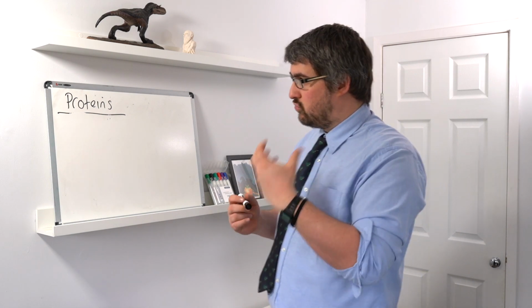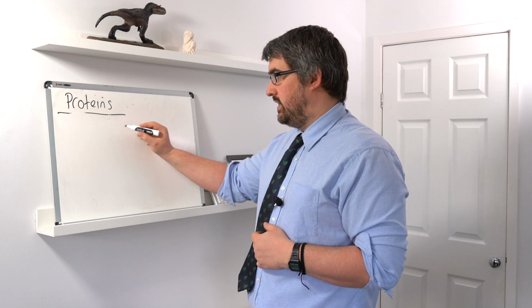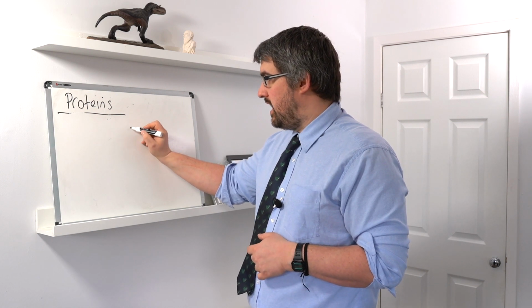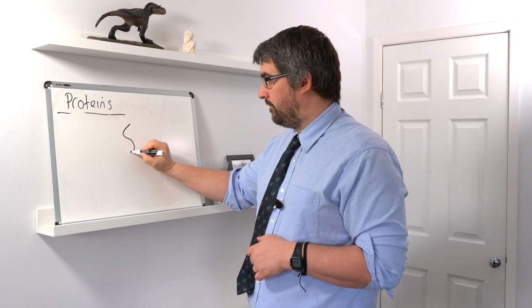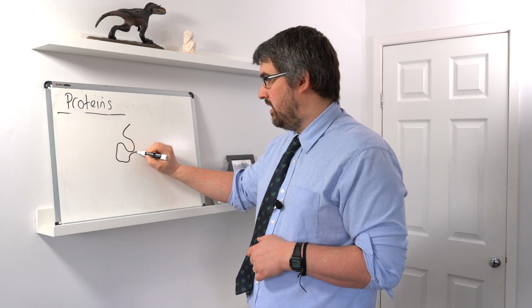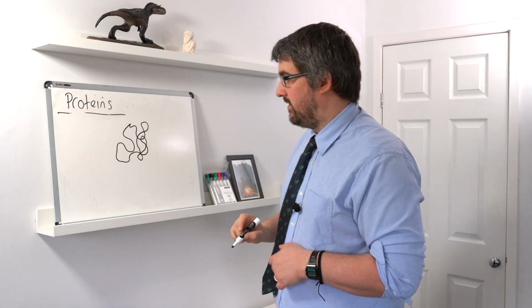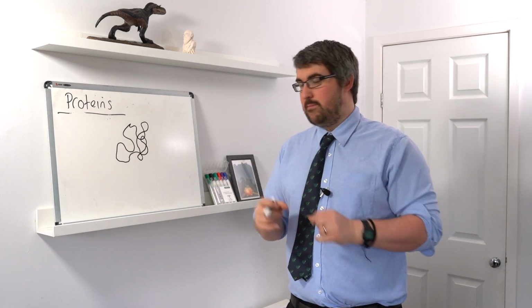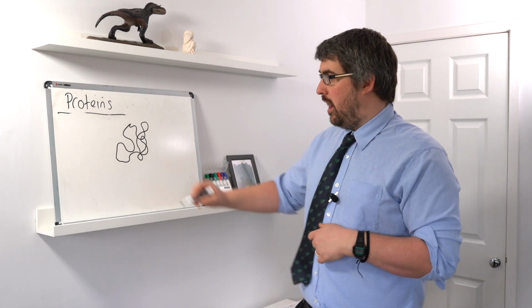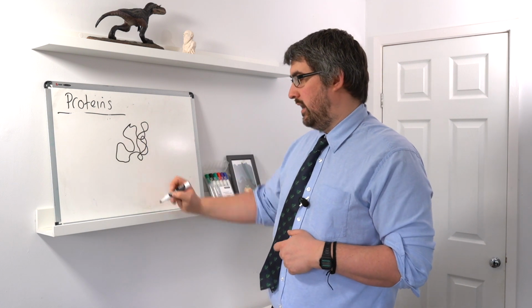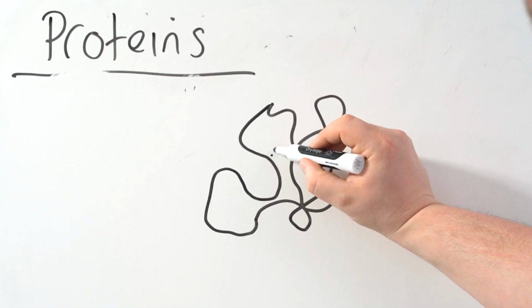So if I was to draw an enzyme, and we'll look at enzymes in more detail later in the video, you would see that I would have a polypeptide strand that's going to be folded something like this. So it looks a bit of a mess really. But remember, this would be a 3-dimensional object. And within that, to get this kind of folding, we would have various types of bonds.